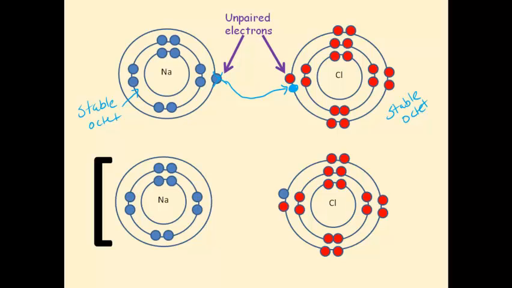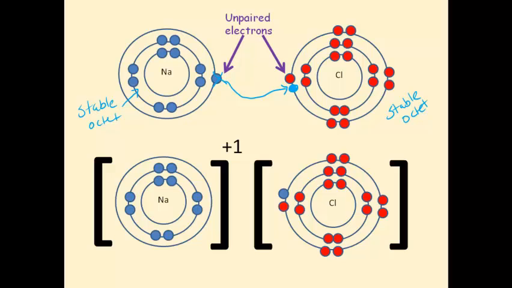So we use square brackets and we show the charge of the overall atom. Sodium has a charge of +1, remember, because it's lost an electron, but it still has got the same number of protons. Chlorine would be shown like this, because it's gained an electron. It has one more electron than the number of protons in its nucleus.